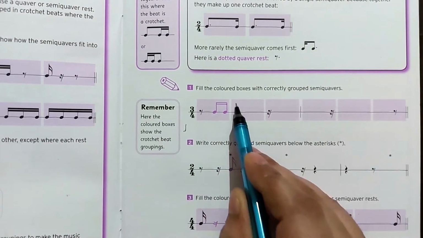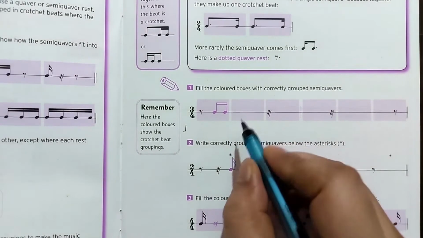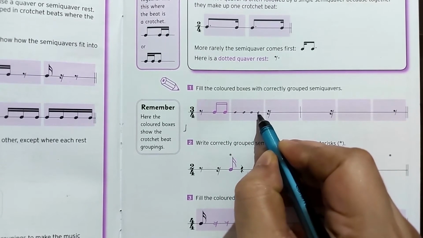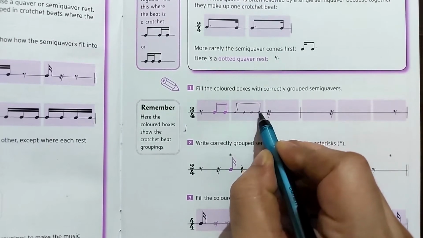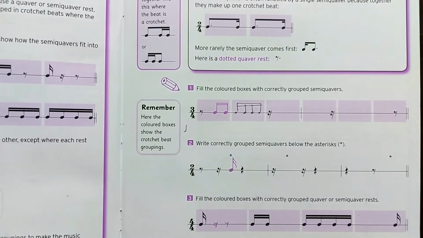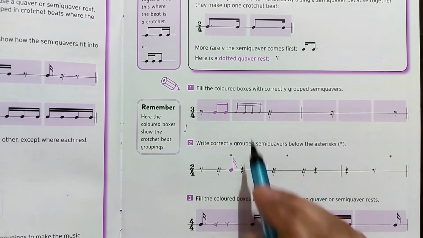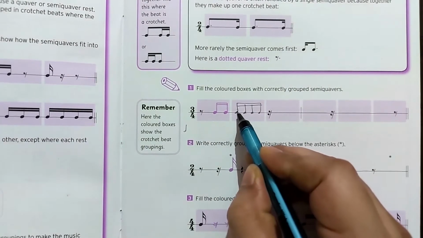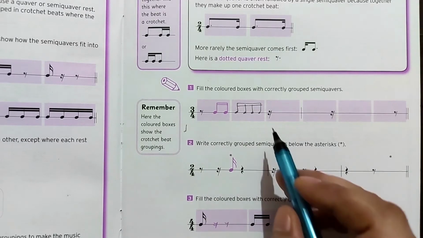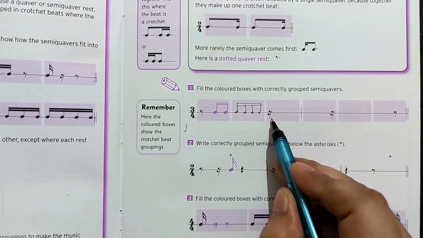Now if you want to complete this one, we can easily just make 4 semi-quavers, beamed together. So this is one. Please use scales whenever you're doing this. I'm just showing it in a rough way, how you have to fill it. Now in this one, you see this is a semi-quaver first, so first complete this.